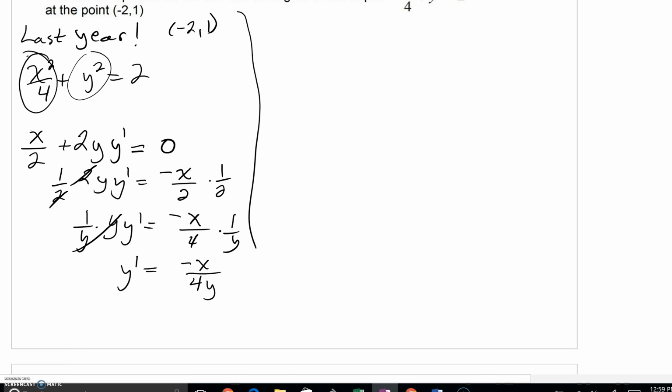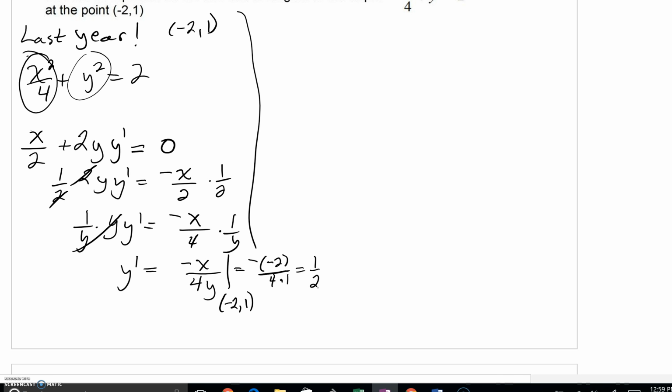Now wait a minute, plug in your point to get your tangent line slope. We plug in negative 2 for x and 1 for y. So that's 2 over 4, which really just becomes 1/2.